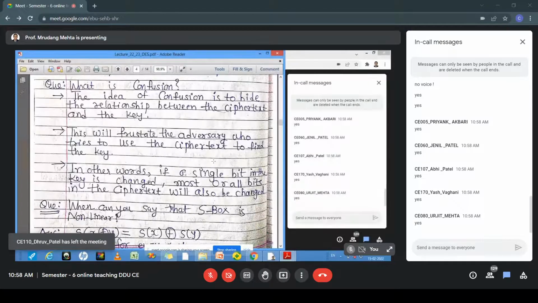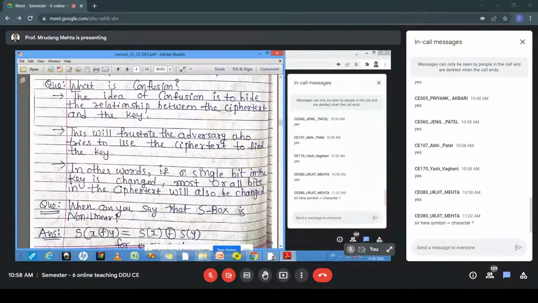The relationship between plaintext and ciphertext is hidden by diffusion, and the relationship between the key and the ciphertext is kept hidden by confusion, right? So this will frustrate the adversary who tries to use the ciphertext to find the key.